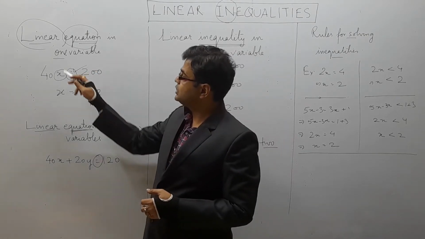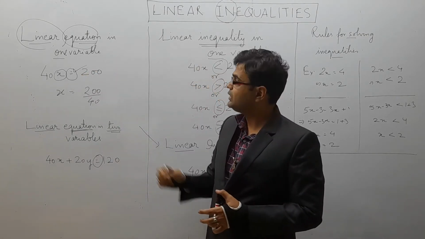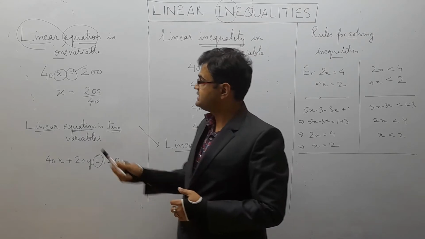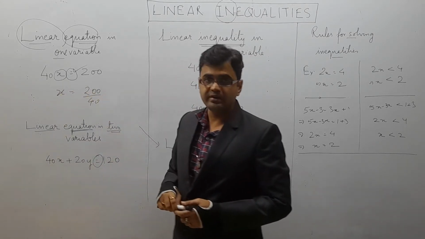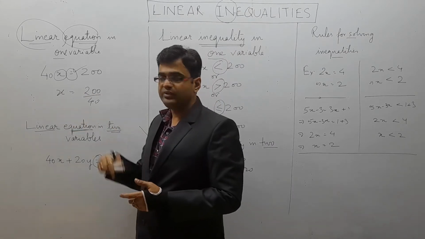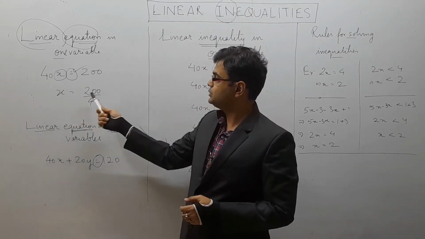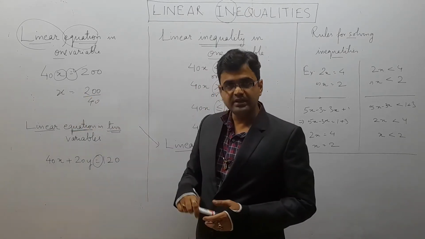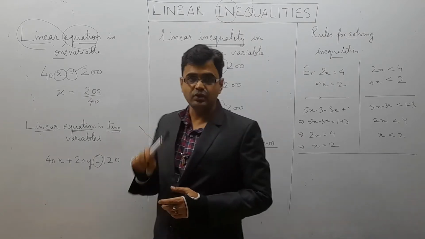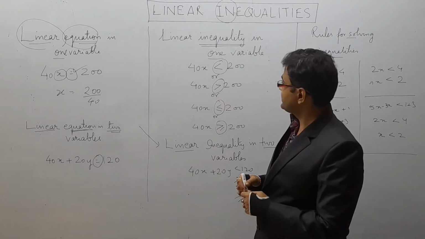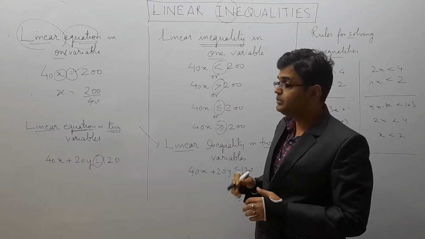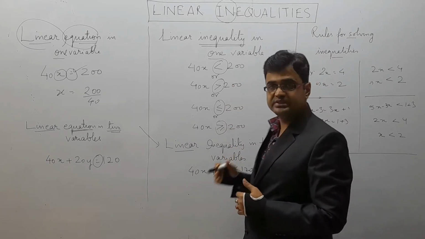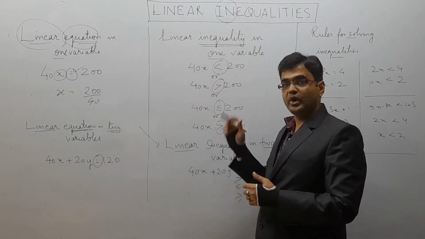When we find the solution of an equation, we get one value. For instance, if it is 40x = 200 and we have to find the value of x, then x = 200/40 = 5. We get one value of x. But if we place a less than or more than sign, then there will be several values of x which will satisfy this inequality.